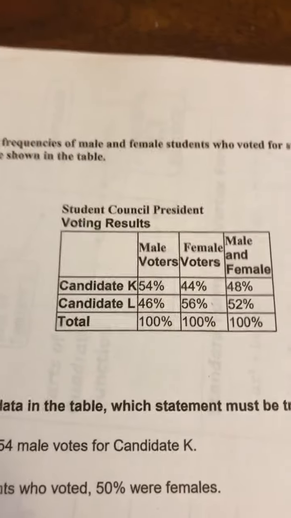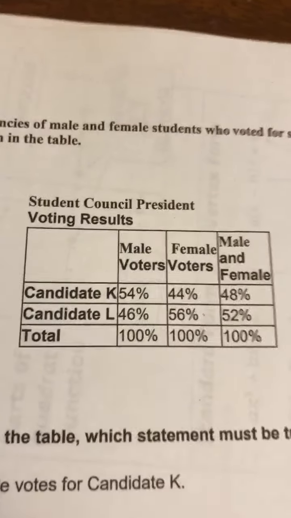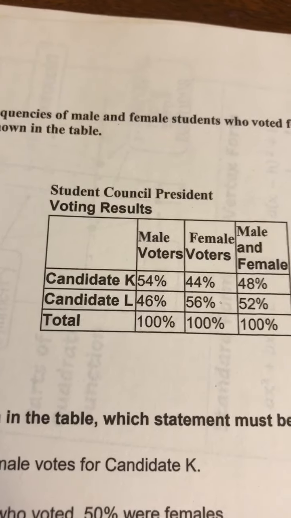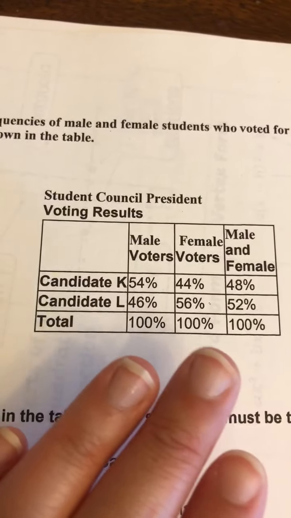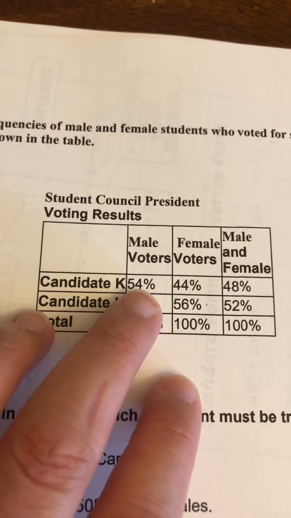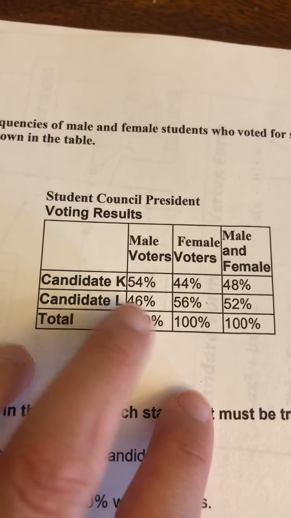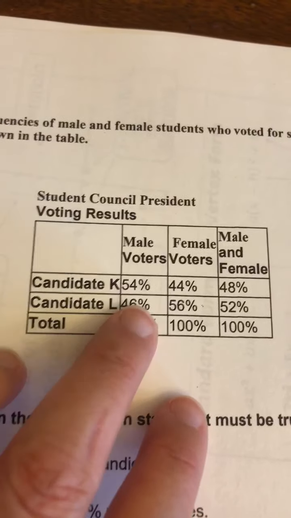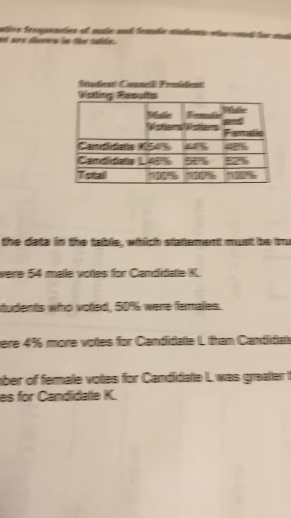Okay. And then 50. So the thing to really make sure you understand is the difference between filling out a two-way table with percentages versus actual numbers. So this is not showing me the total number of females or the total number of males. It's telling me, okay, 54% of the total male voters voted for candidate K. And then 46% of the total male voters voted for L. So just kind of keep that in mind when we read these about which statement must be true.